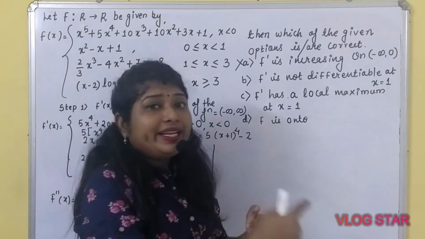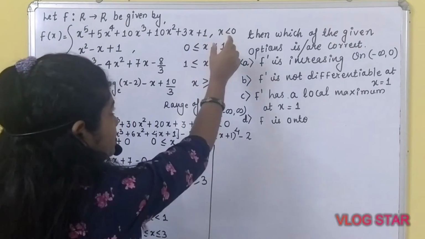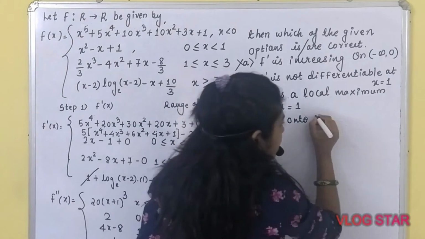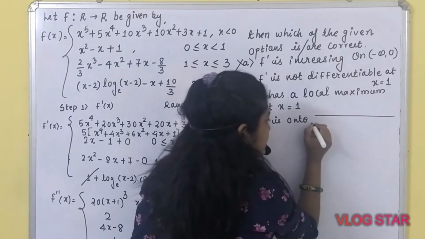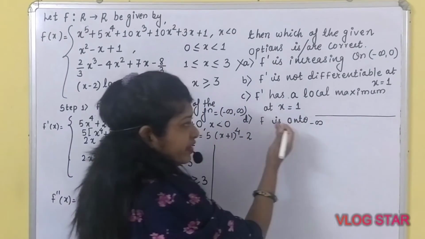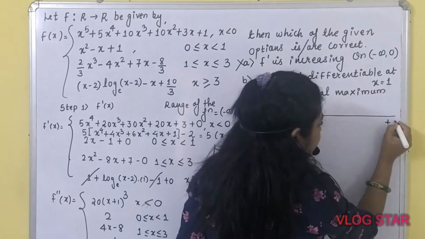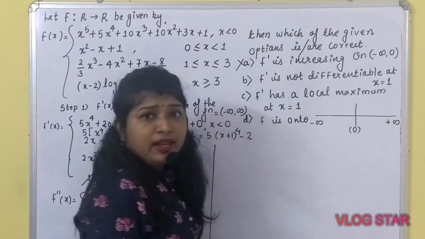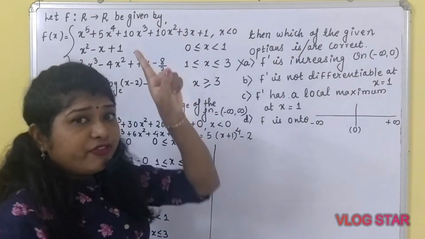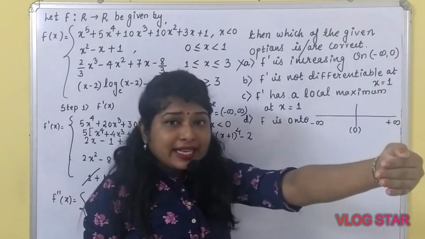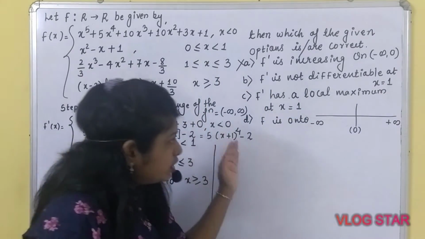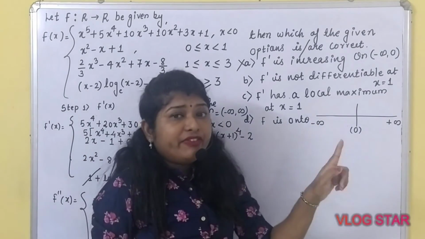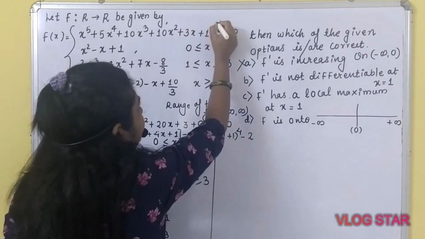How are we going to identify the range? If you observe carefully, x is less than 0. On the number line, this is minus infinity on the left hand side, this is plus infinity, and this is the 0 position if we consider. Am I right? So as per the first condition, x is less than 0. So the first interval we can consider is minus infinity to 1. Why minus infinity to 1?